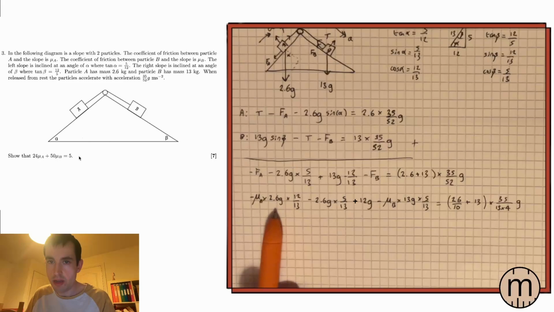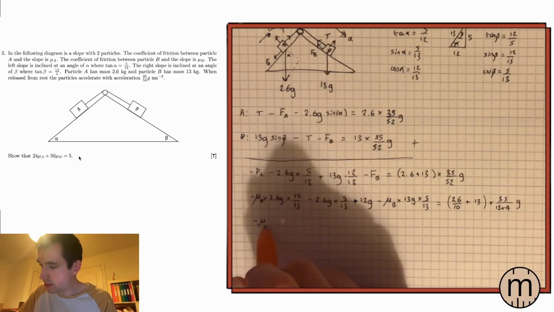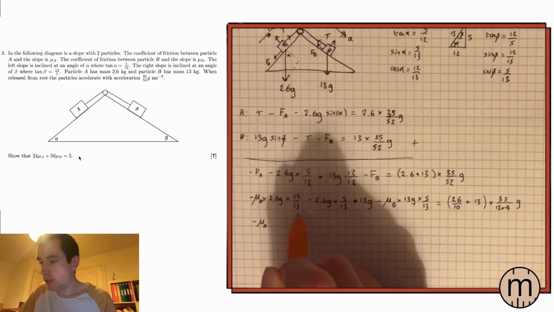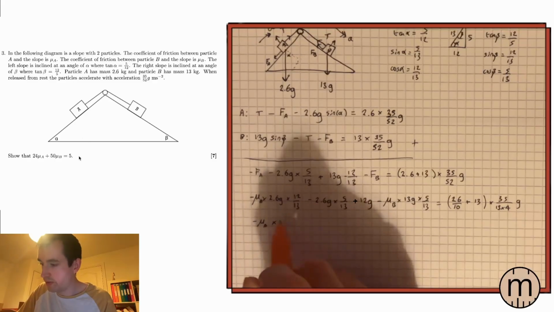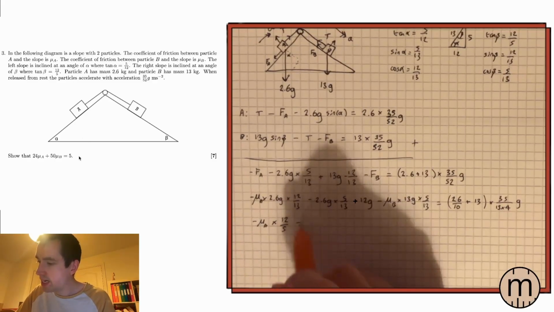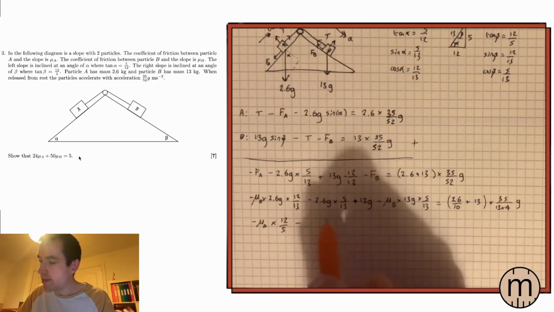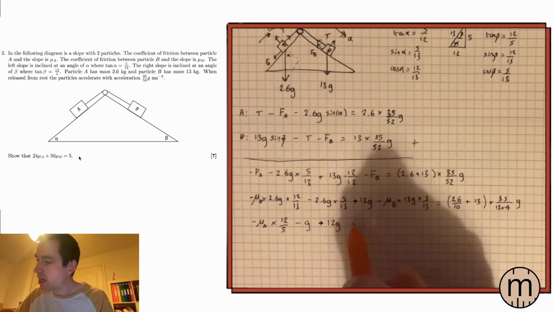Simplifying over here, we're going to have 2.6, which is 26 over 10, divided by 13, which is 2 over 10, which is 1 over 5, times 12, which is 12 over 5. Then we're going to minus the same thing. That's still 1 over 5, times 5 is just 1, so just g, 12g. Then over here, 13s are going to cancel.